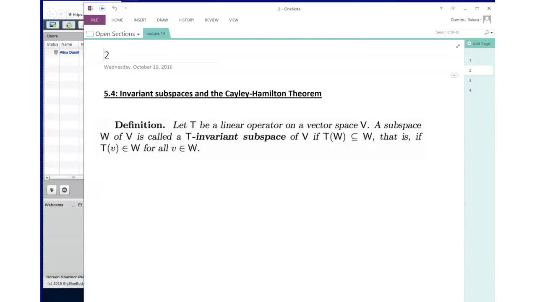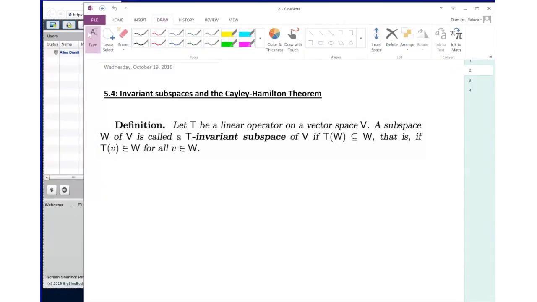Invariant subspaces and the Cayley-Hamilton theorem. So I think you already came across this notion of an invariant subspace. There was something in one of the homeworks that was assigned related to this, but let's go back anyway to this idea.